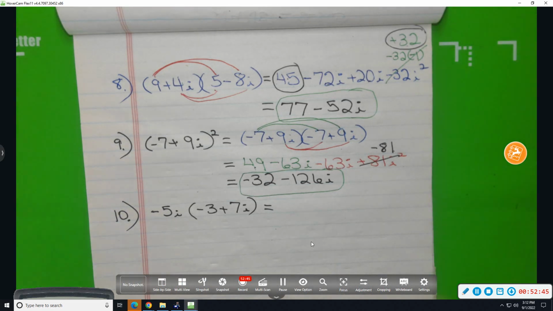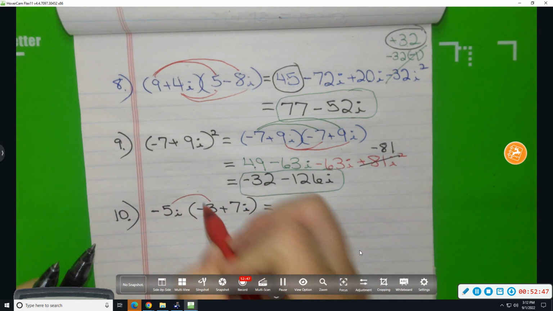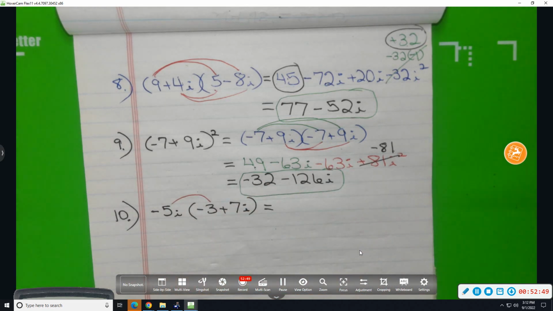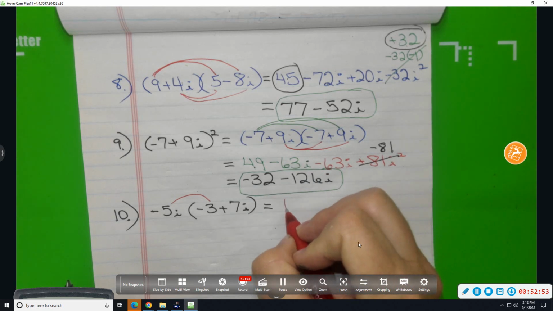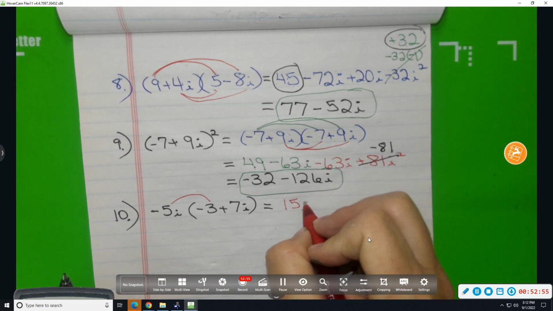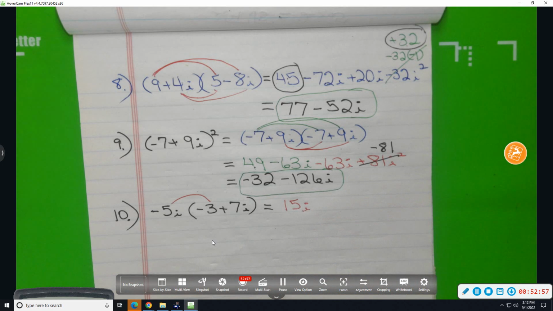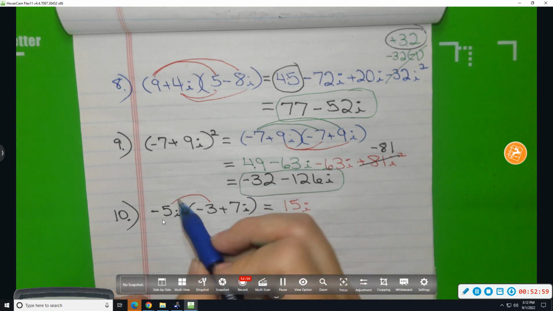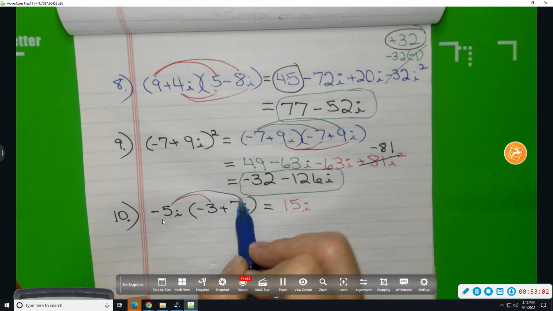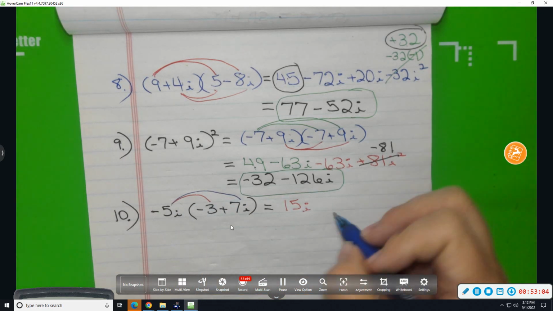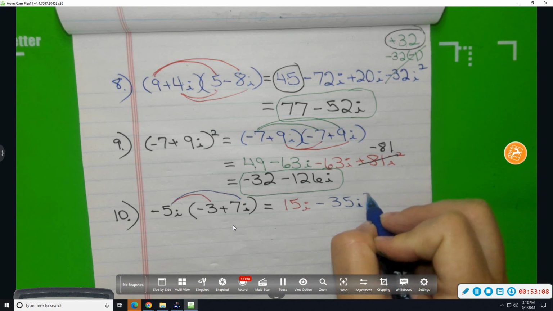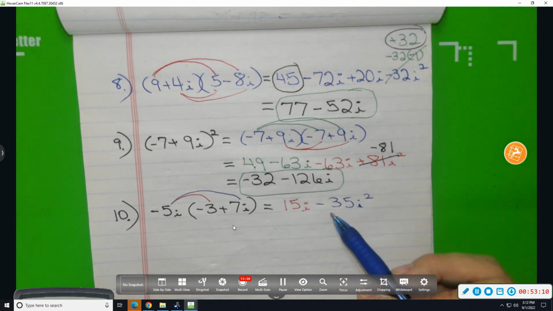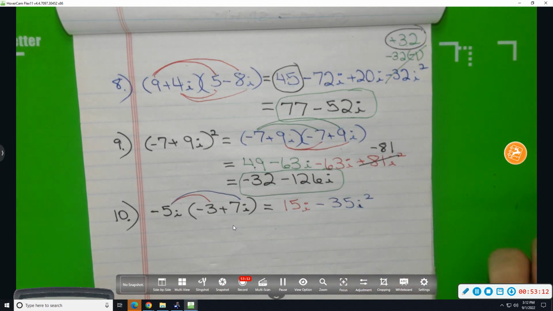The little marks. Take the negative 5i times the negative 3. That gives me a 15i. Is that what you said? Now, let's do negative 5i times a positive 7i. Negative 35i squared. And I'm going to immediately change that negative 35i squared to a positive 35.